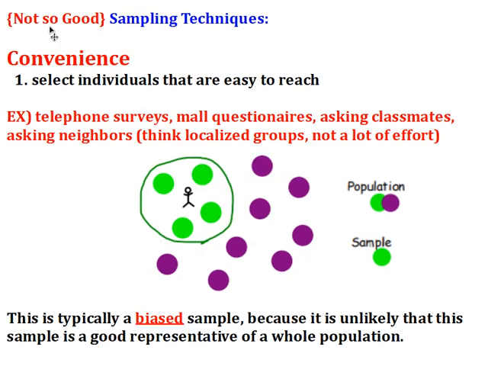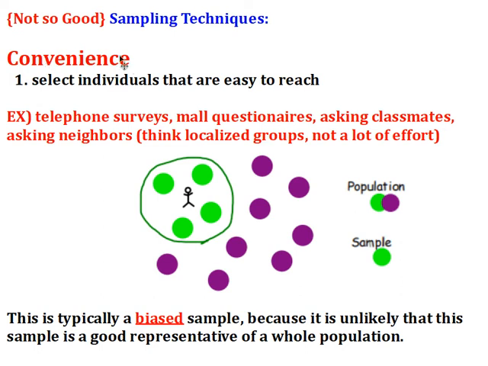Convenience, it's not the best technique. It is a technique, but it's not the best one because remember, we want to reach people who are representative of a whole population. And sometimes if we pick things that are localized to us, like we talked about our friend group just shortly ago about politics, sometimes it's not the best representative.